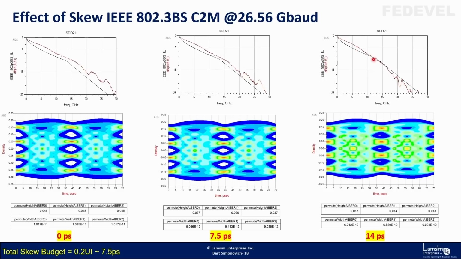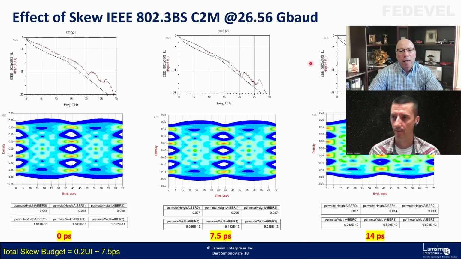And you can see this shape is kind of going here. The dip is about probably around 25 here. We don't have the full scale here, but there's more of a dip happening, maybe further out. The important thing is skew affects your insertion loss of your channel. And that's shown here on these top graphs.